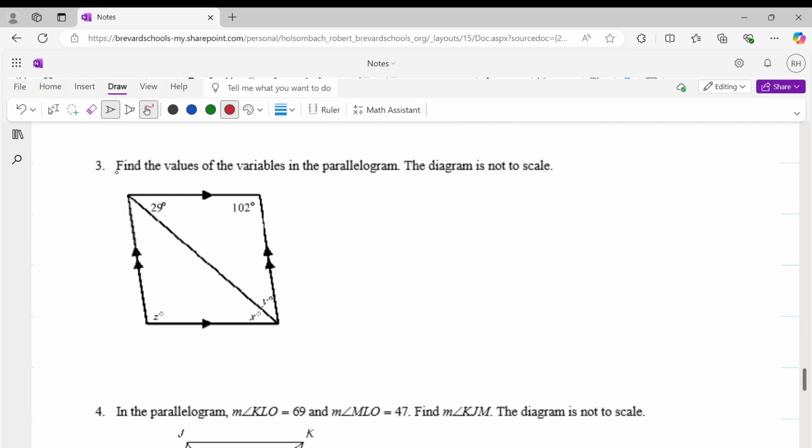Problem number 3, find the values of the variables in the parallelogram. The diagram is not to scale. Okay, so in a parallelogram, opposite angles are congruent. So right off the bat, Z is equal to 102.